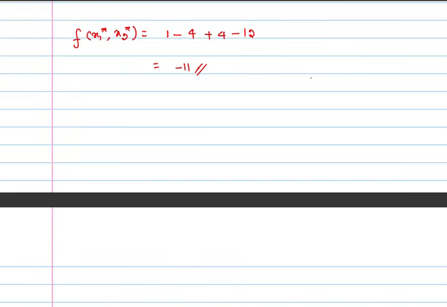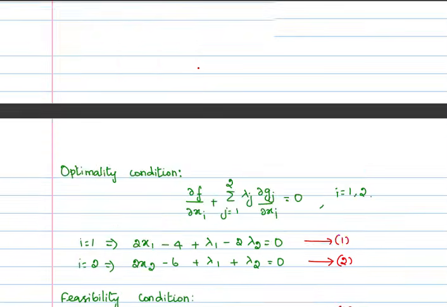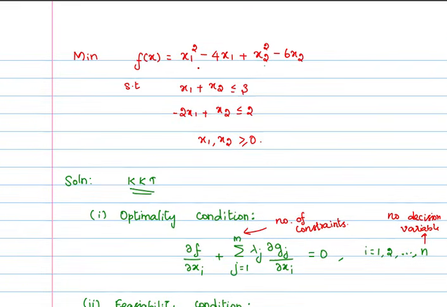This is the minimal value of the given function using the conditions x1 plus x2 is less than or equal to 3 and minus 2x1 plus x2 is less than or equal to 2. I hope you understand what the KKT condition is and how to apply it in the problem. Thank you for watching this video.